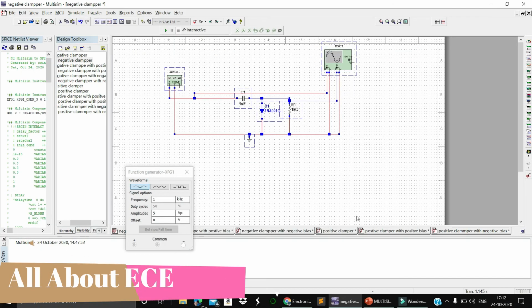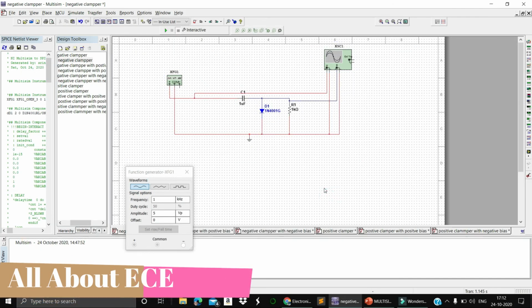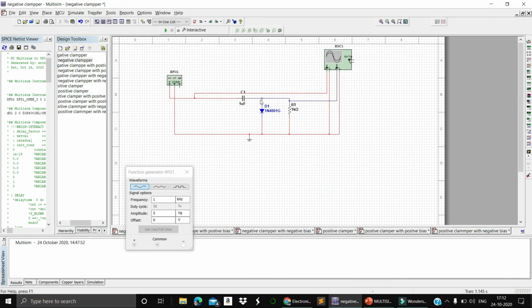Let us understand this in Multisim. Here you can see the circuit has been designed with a capacitor and resistor, with the diode connected in the reverse direction, opposite to what we saw in the positive clamper circuit. I apply 5 volts peak to peak at 1 kilohertz frequency with an oscilloscope. Let's run this.